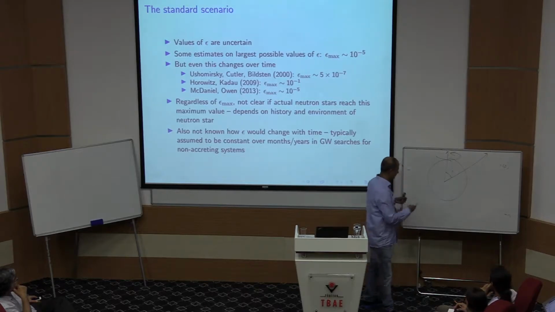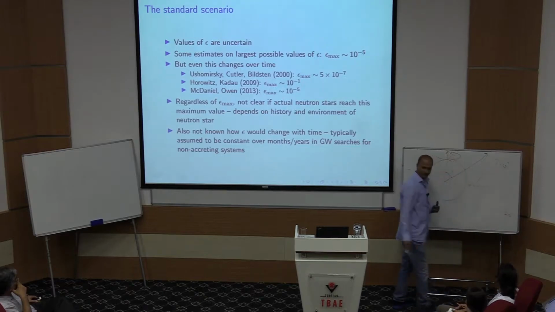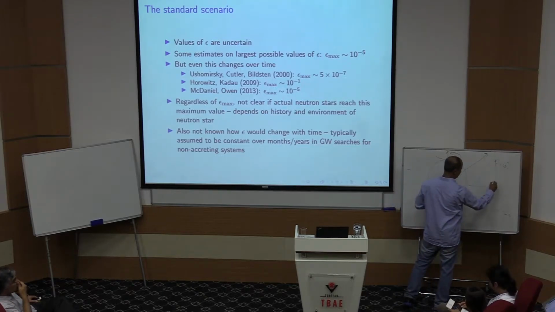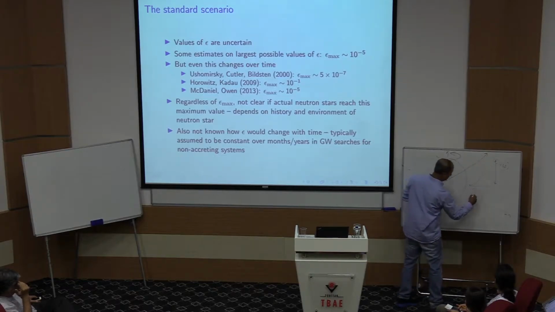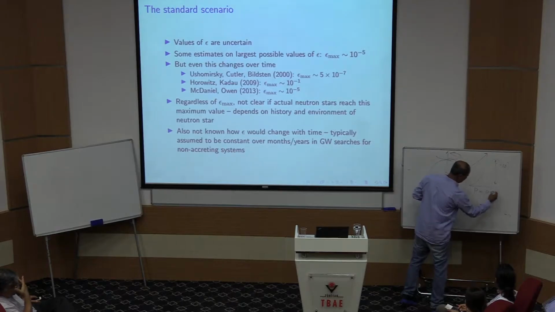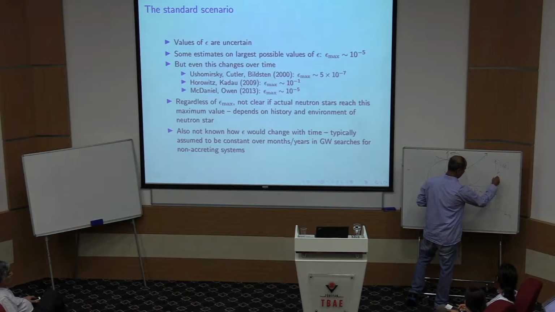If I imagine this is Earth, and this is Mount Everest, this is the height. The pressure at the base of Mount Everest is going to be the density of that rock times 9.8 meters per second squared times the height.